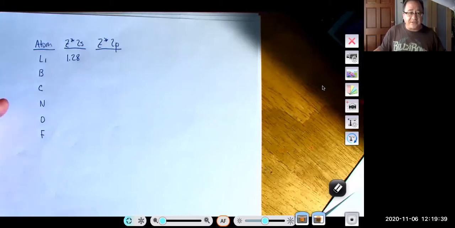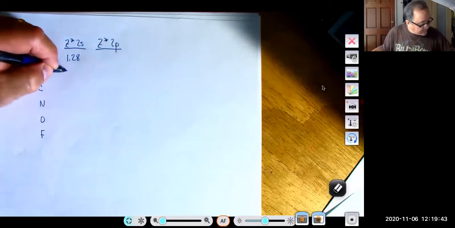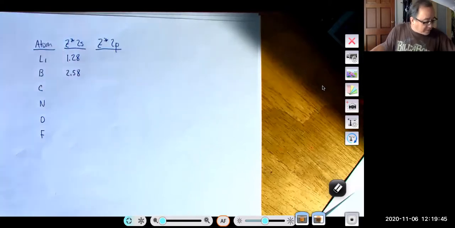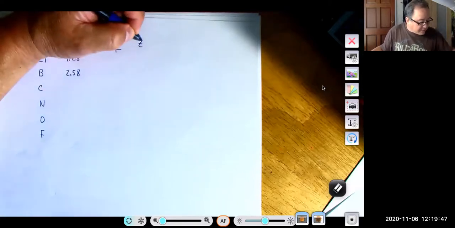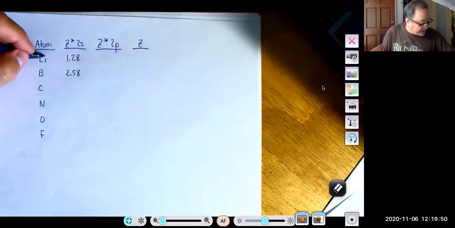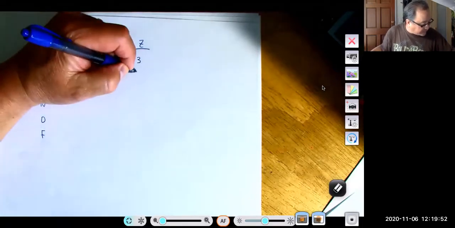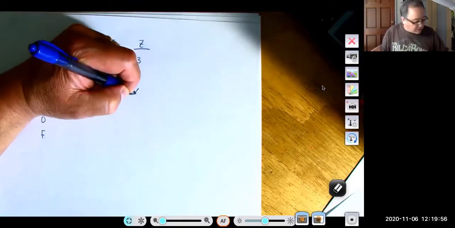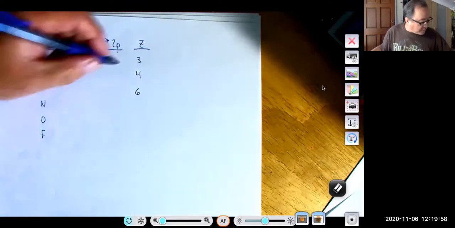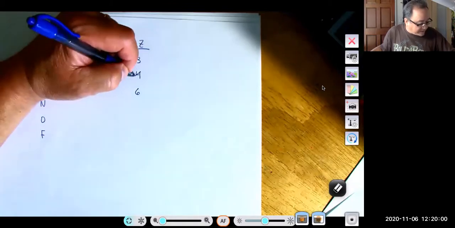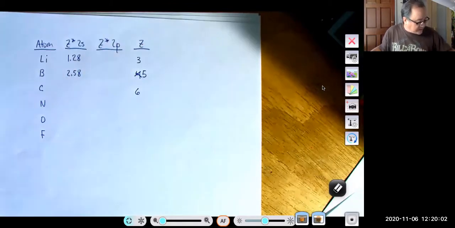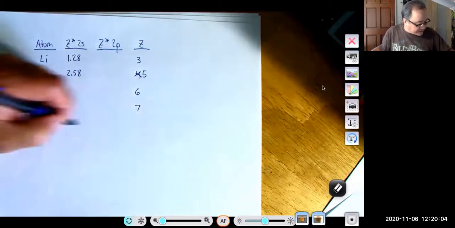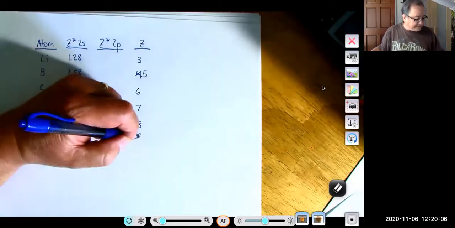They're just numbers for us to understand the trend. So here, I'm going to put Z over here, the number of protons in the nucleus. This is 3, this is 4, this is 6. Oh, boron is not 4, boron is 5, I'm sorry. Nitrogen is 7, oxygen is 8, and fluorine is 9.